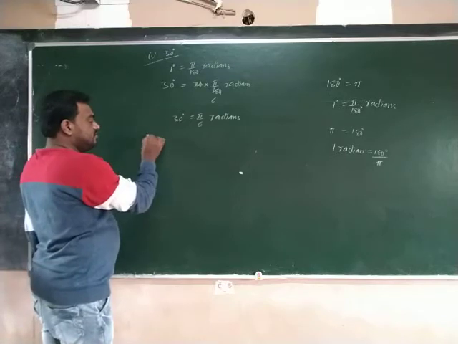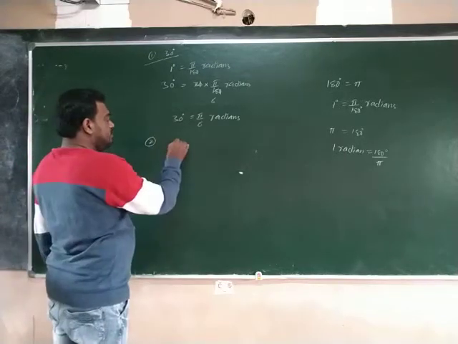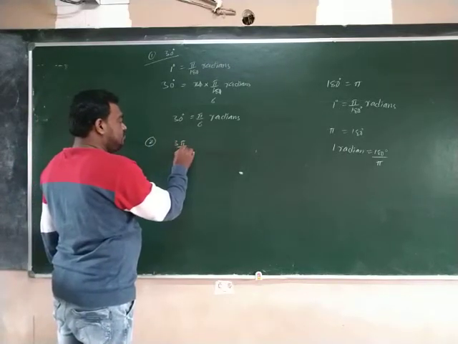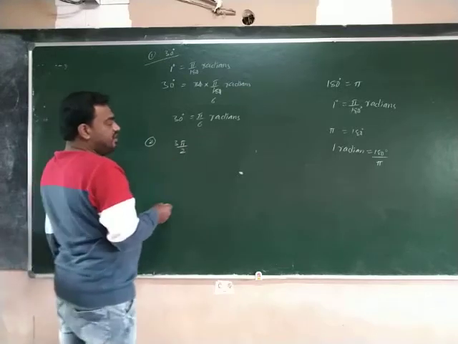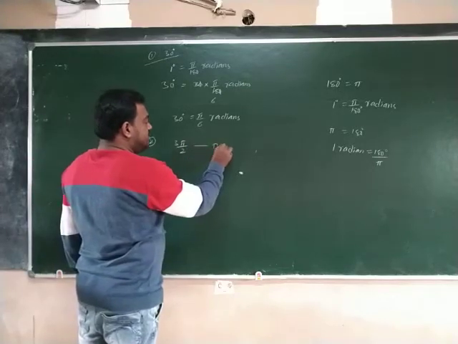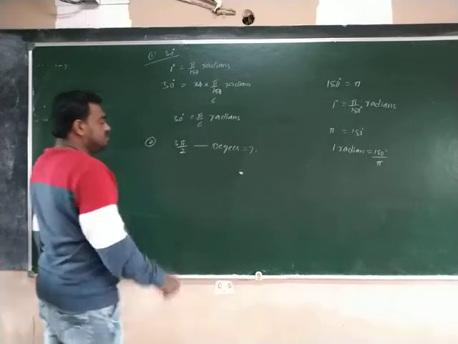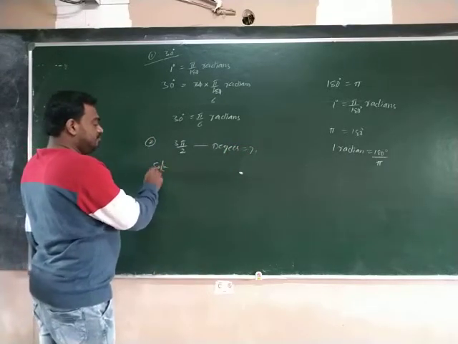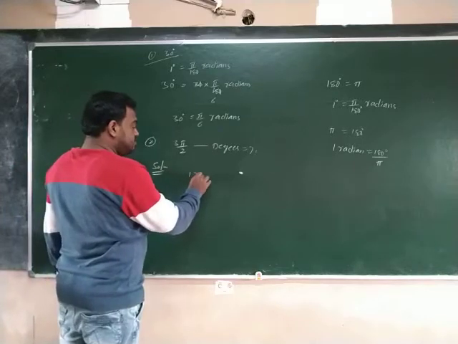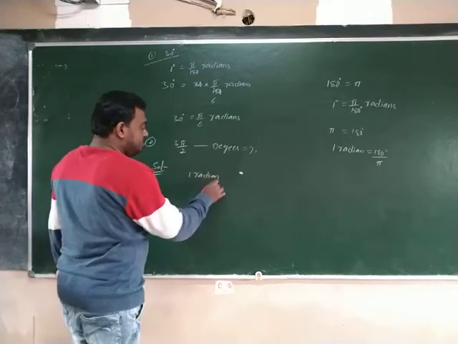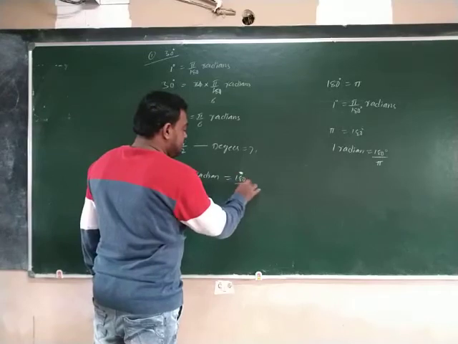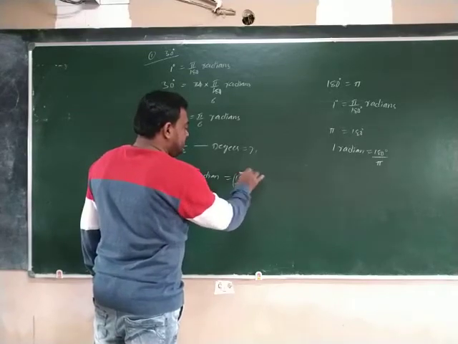Now the second question is: convert 3 pi by 2 radians into degrees. The solution is very simple. 1 radian is equal to 180 by pi degrees.